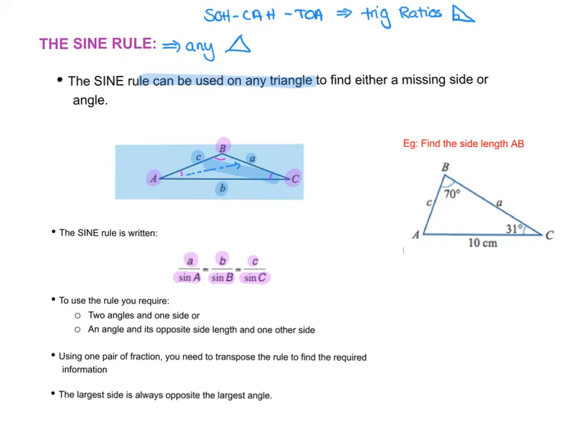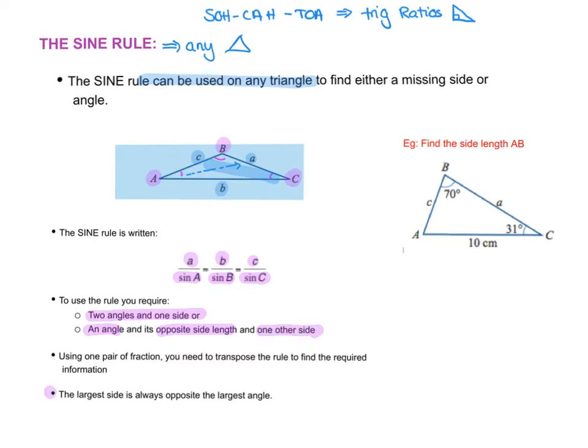So let's just have a quick look at these rules. To use the rule, you require 2 angles and 1 side, or you need an angle and its opposite side length and 1 other side. They're the scenarios where the sine rule will be able to be used. And we're going to see you then use these fractions to set it up.